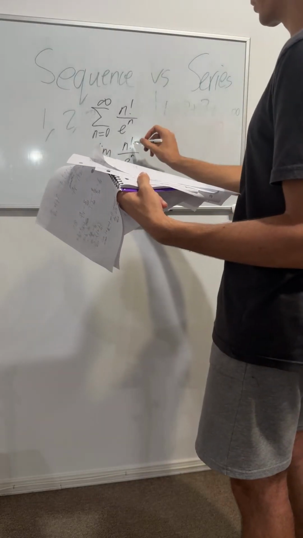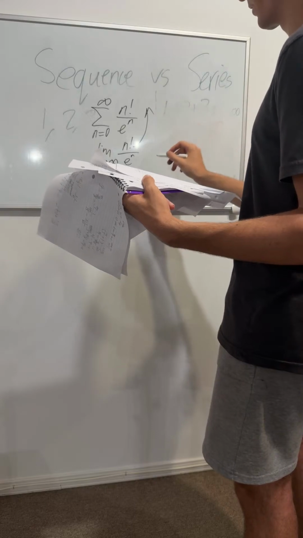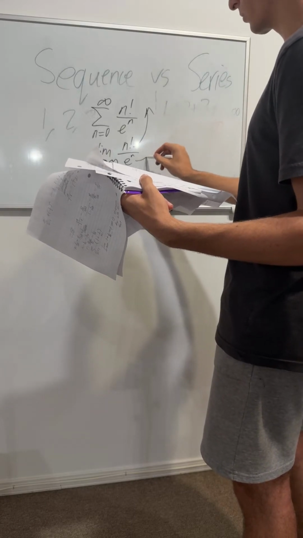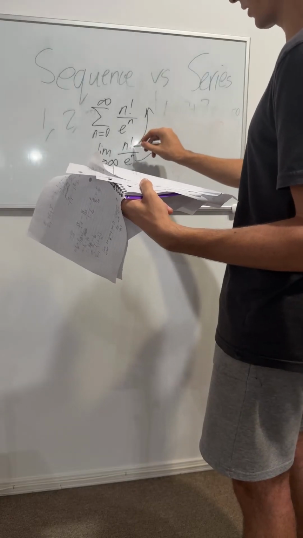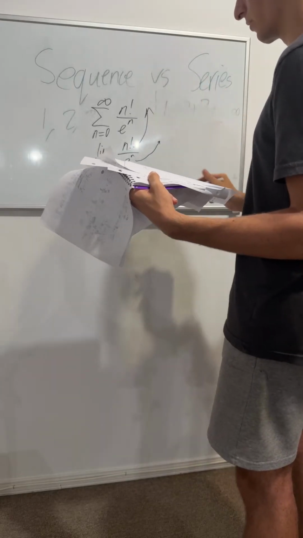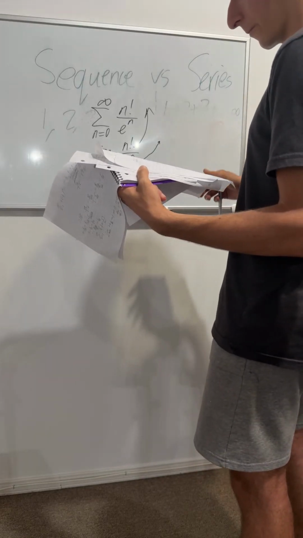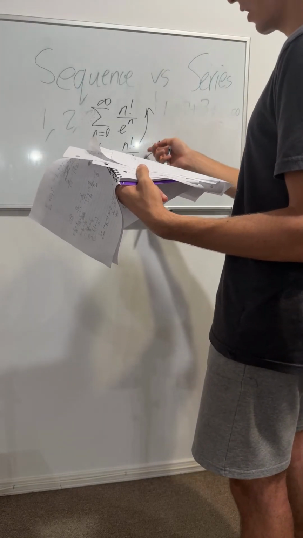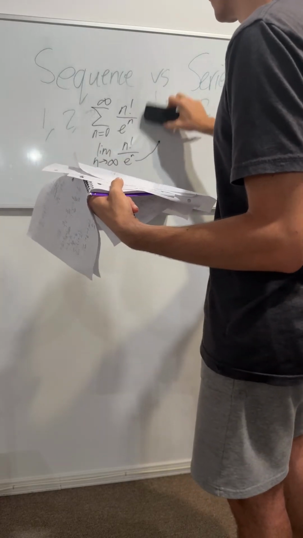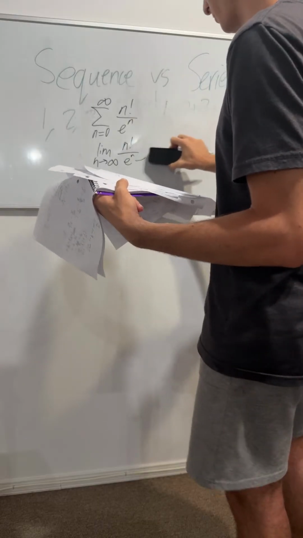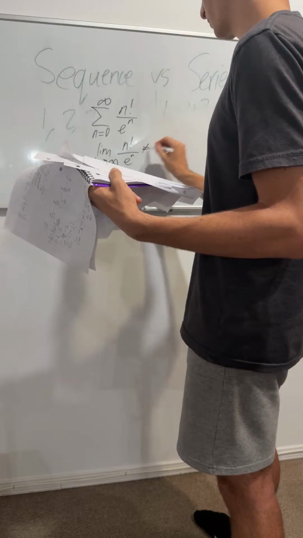We know that this numerator will grow really big. This one, not as fast though. So if this one grows like insanely big, really fast, then obviously we can tell that it will not be 0. We know that these two are growers. So the limit will obviously not be 0.